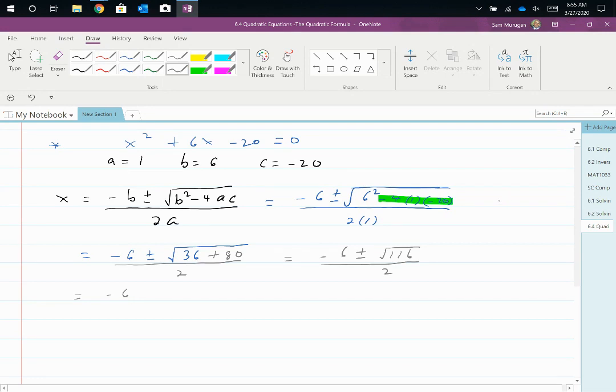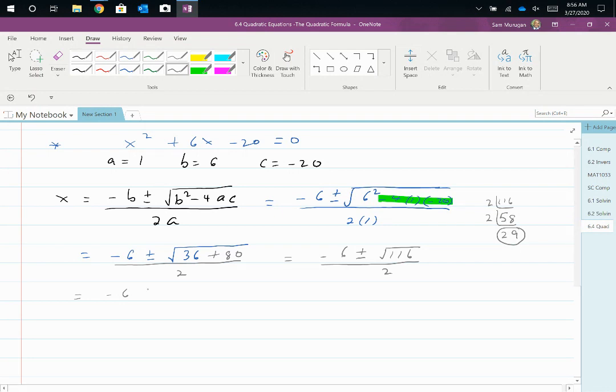The way I do it is I take 116 and start dividing by 2. 2 fives are 10, 2 into 16 is 8. Then I'm going to try 2 again, and I can see that 2 goes to give me 29. 29 cannot be broken down further than that.